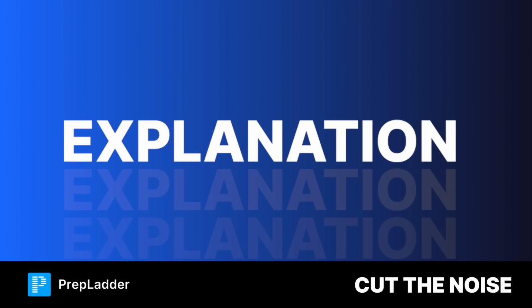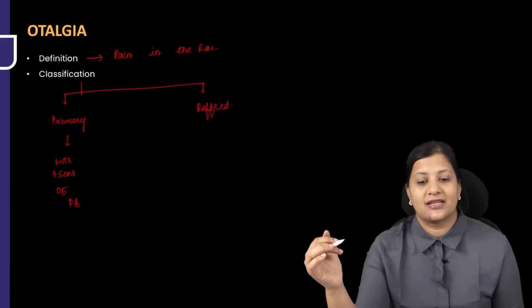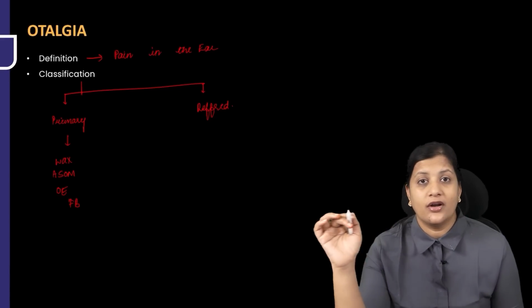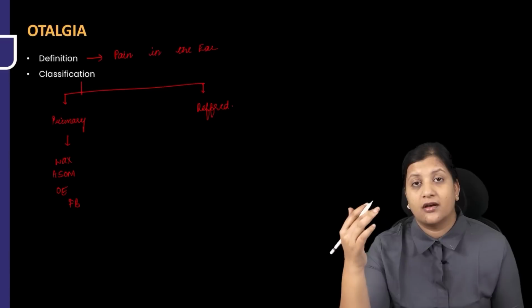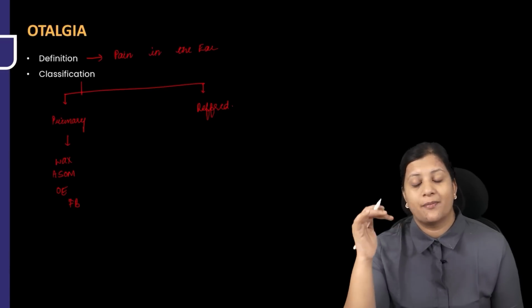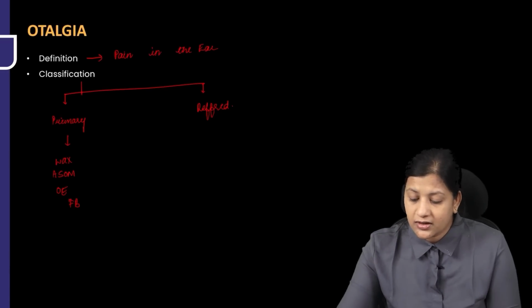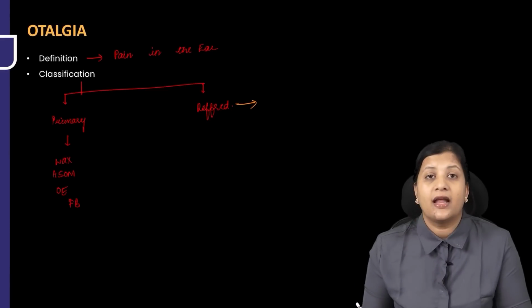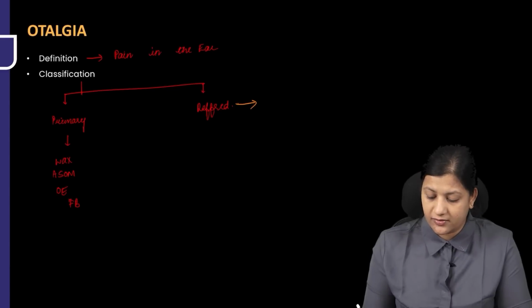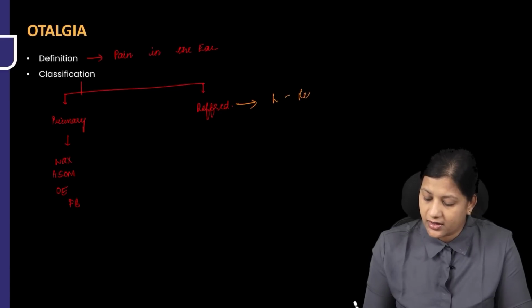Here's the explanation. Referred otalgia is a condition where the cause does not lie in the ear, but the pain is referred to the ear via the nerves that supply the ear. We've learned that the pinna is supplied by different nerves. We remember them by the mnemonic LAG.